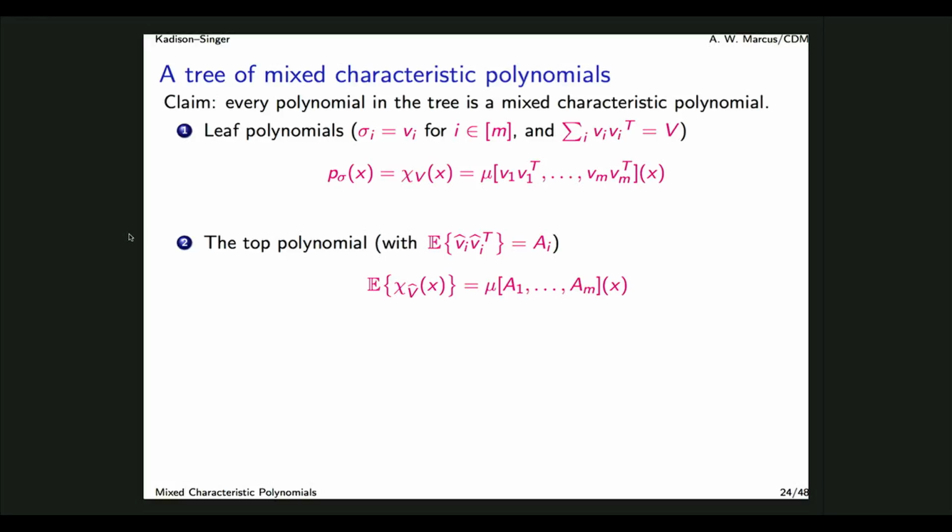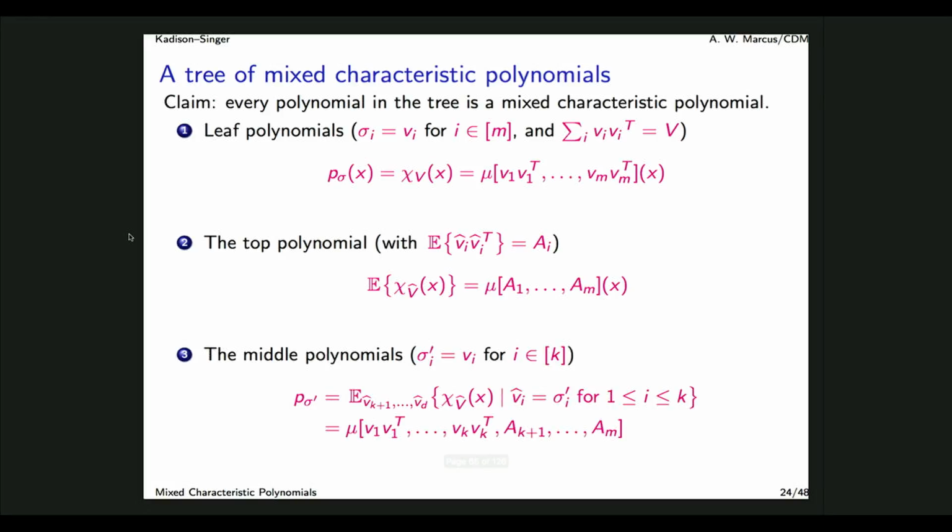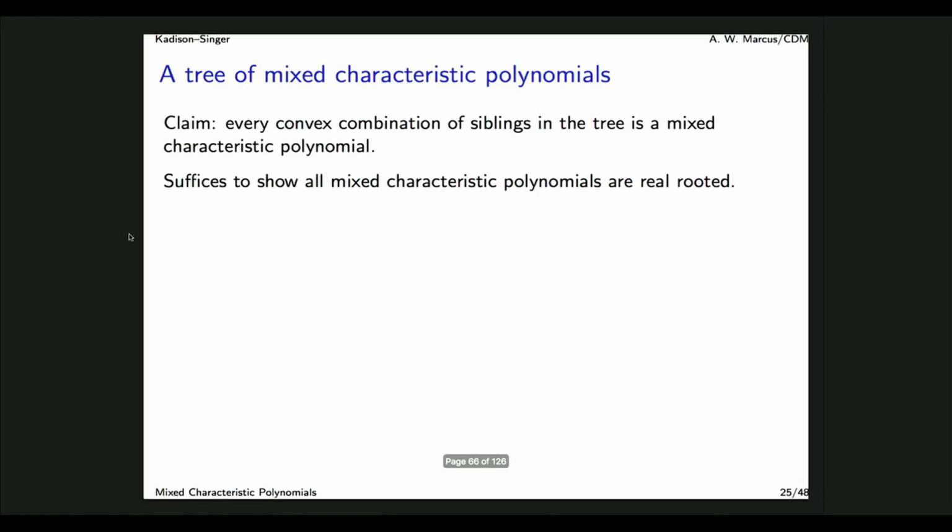The top polynomial, which is the expectation over all of the polynomials, is a mixed characteristic polynomial. Now, rather than having any vi there, you have the expected matrix that you would have. And the middle polynomials are going to be exactly a combination of these, right? The ones that you know, you can give a distribution where they are the thing you want them to be with probability 1. And then everything you don't know, you give their normal distribution, and it will fit this framework.